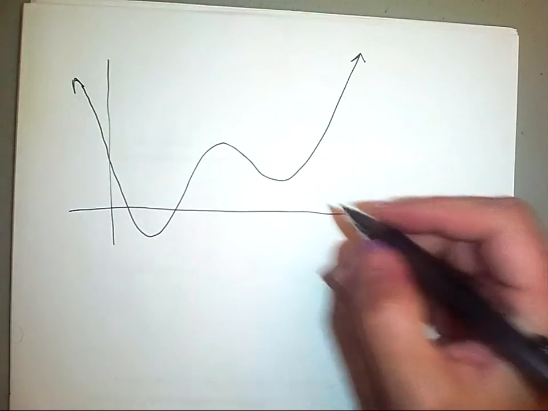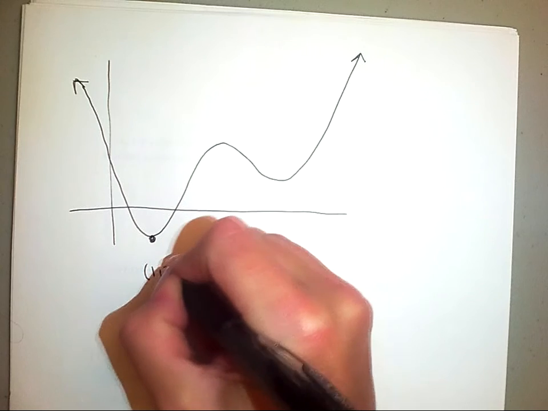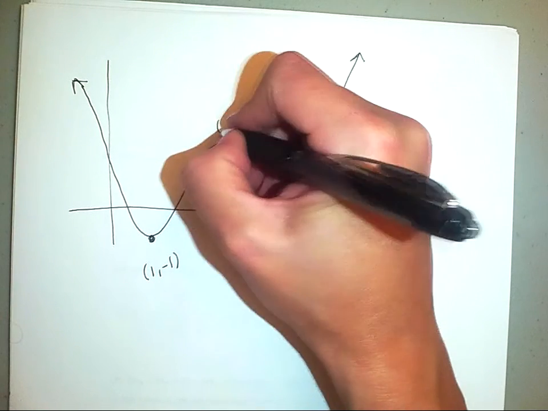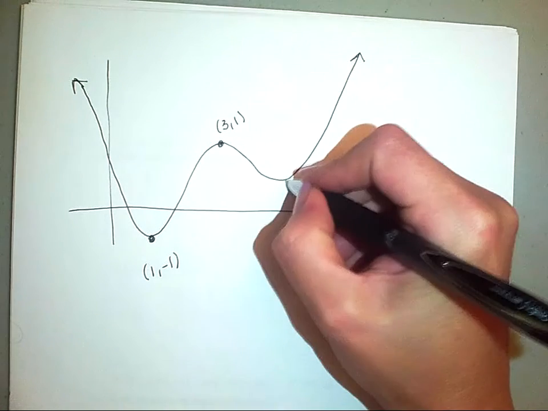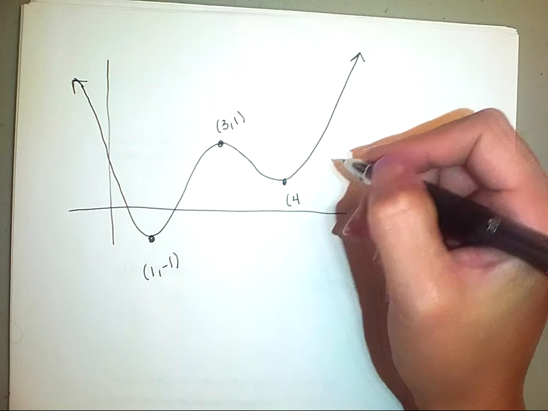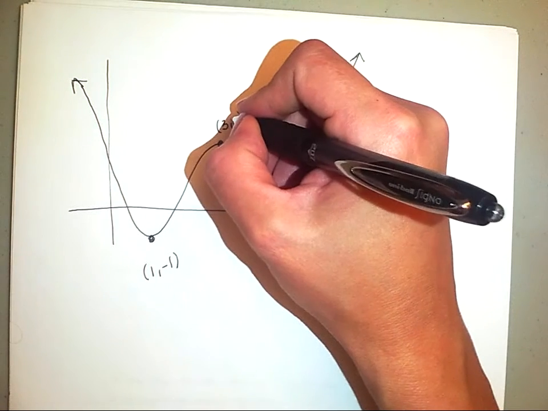So let's try a different one. We'll come back to this diagram. Okay, so let's say I have some graph that looks like this. It's giving you some points.